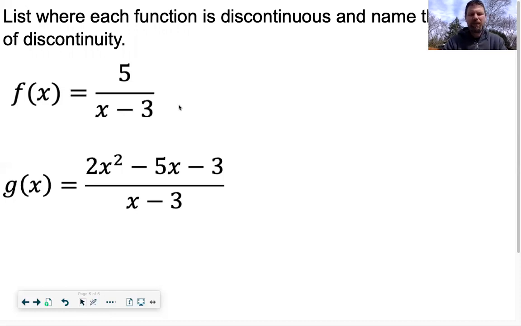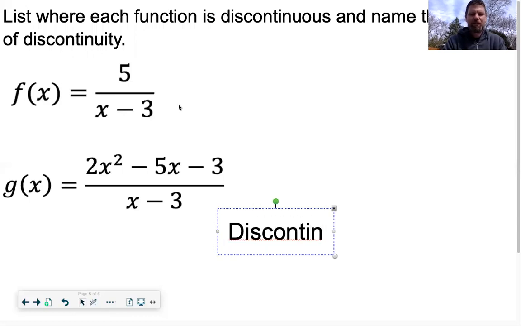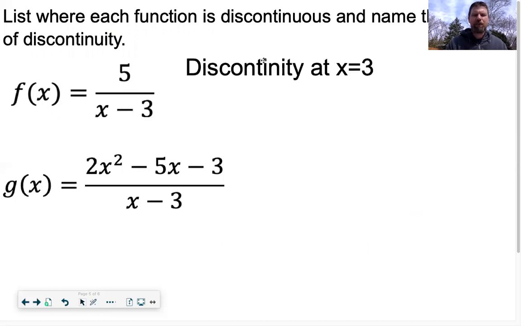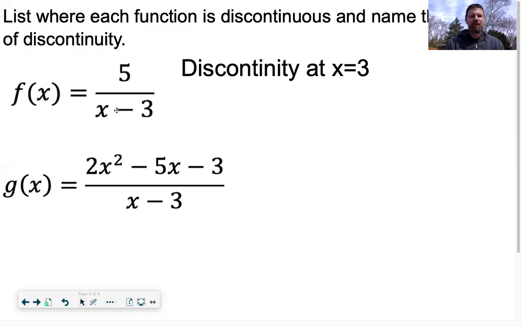So here I know I'm going to say the discontinuity is at x equals 3. When I plug a 3 in here, I'll be dividing by 0. As far as the type of discontinuity, you might remember whenever you try to divide by 0, you end up getting a vertical asymptote, right?